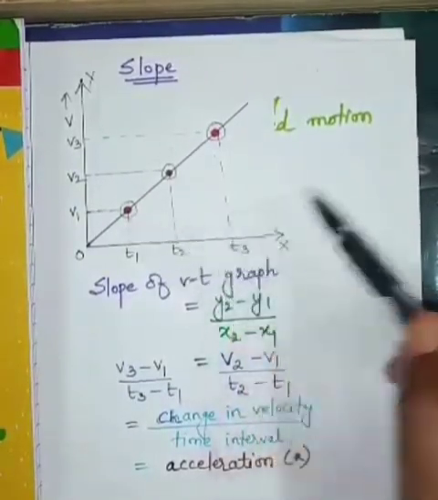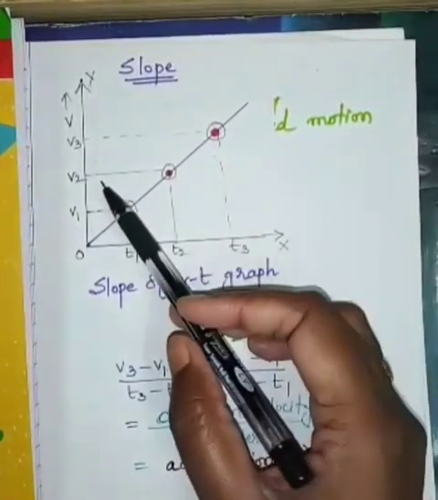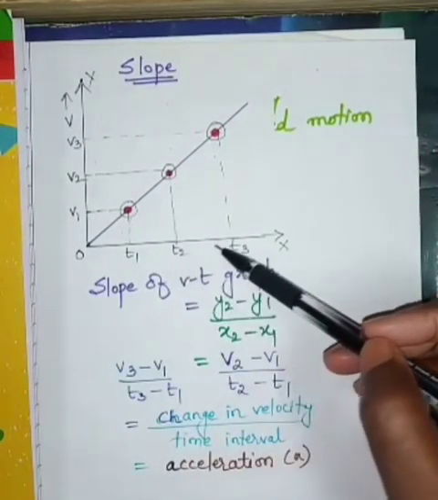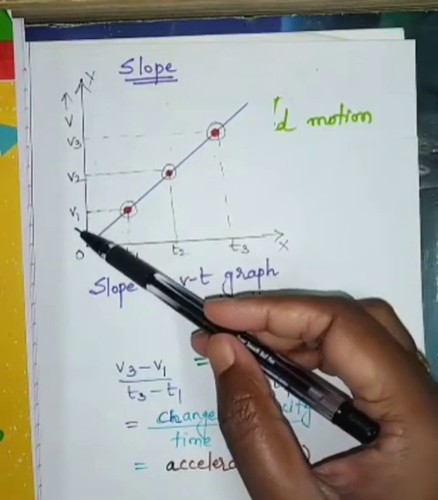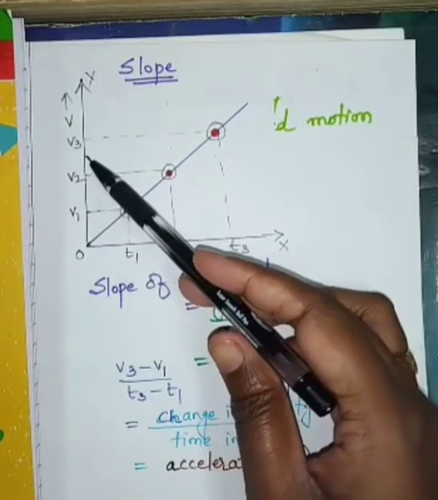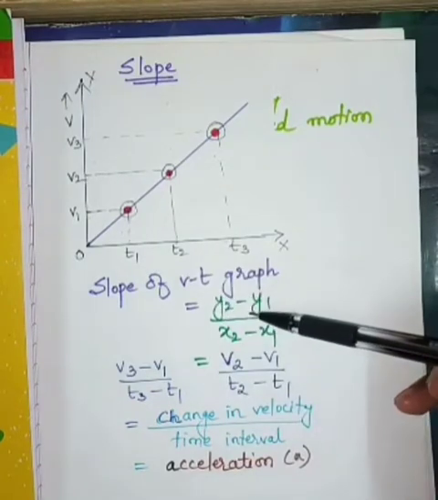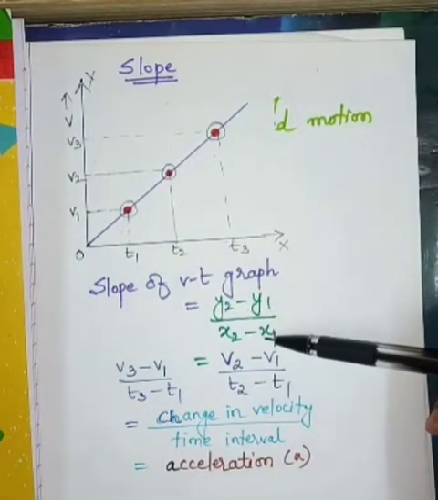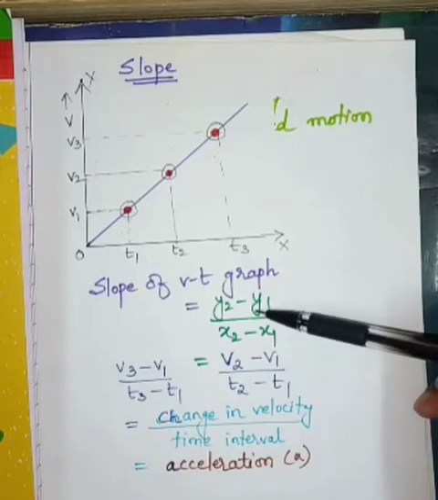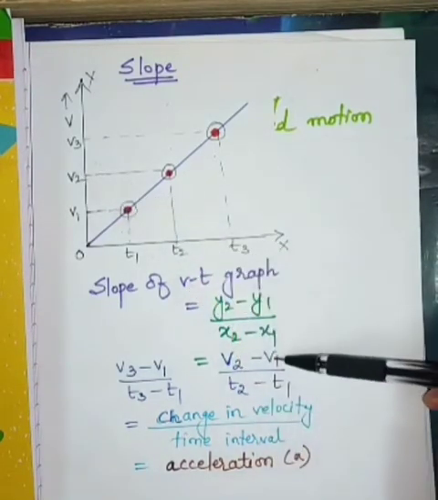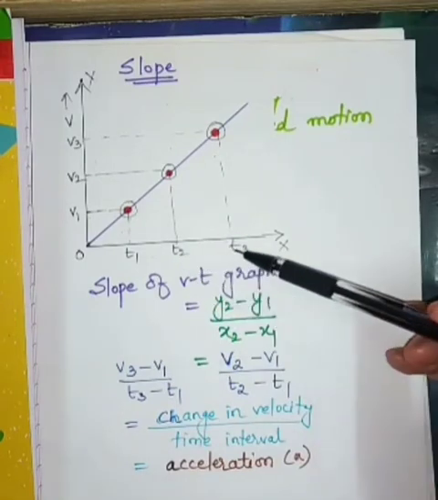Here is the VT graph describing the motion of an object at time t1, t2 and t3. The velocity of the object is v1, v2 and v3 respectively. Now slope. By the formula of the slope, y2 minus y1 upon x2 minus x1. Along the y-axis it is velocity and along the x-axis it is time.